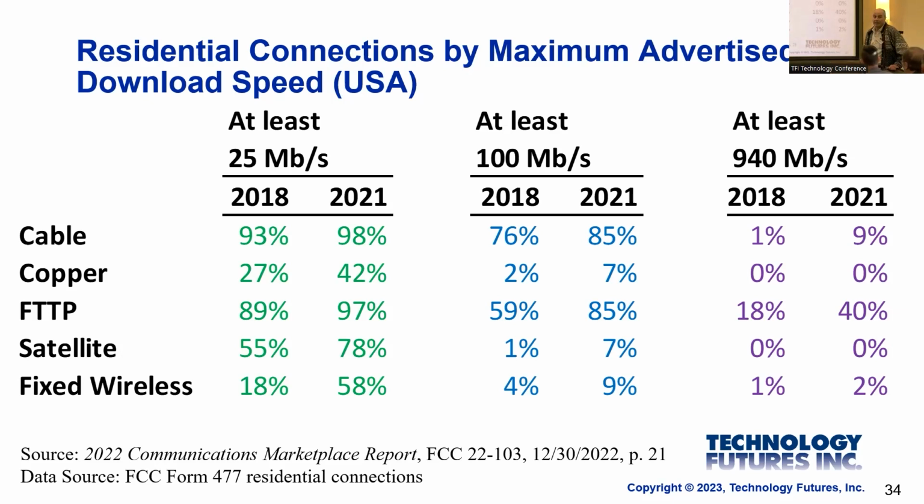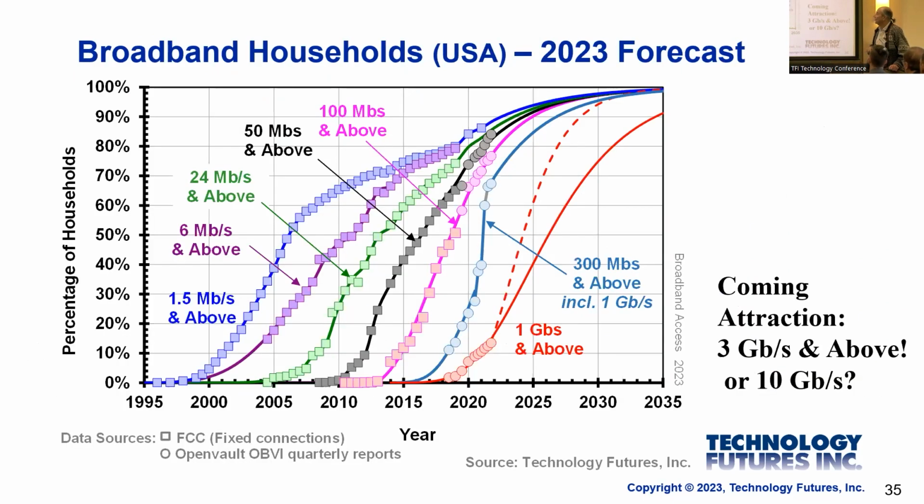And I don't usually mention names in this presentation, but with T-Mobile's fixed wireless, you'll probably see that go up by the latest data point, probably well over that. And even fixed wireless has a gigabit presence going up from 2%. So there's been a lot of progress recently in the cable and in the fiber and in fixed wireless as well. We'll talk about all those more as we go, of course.